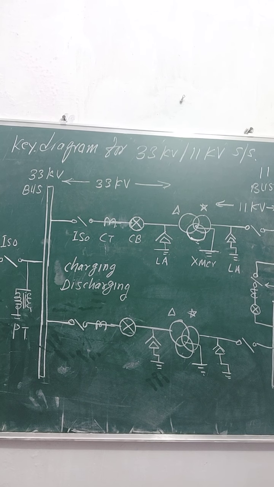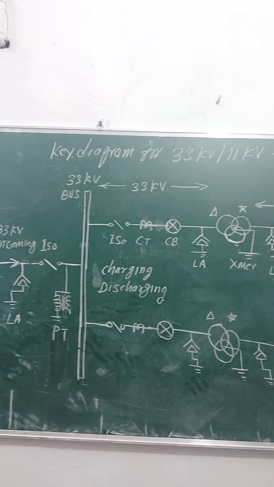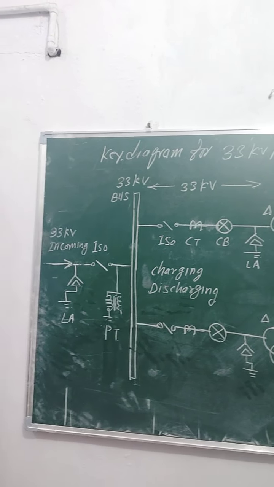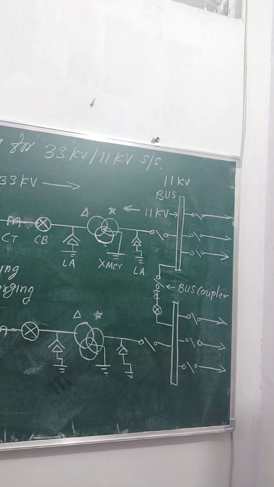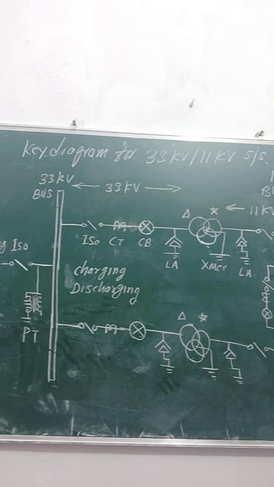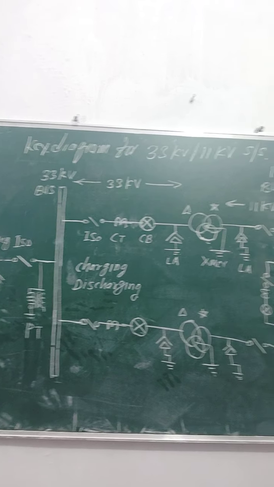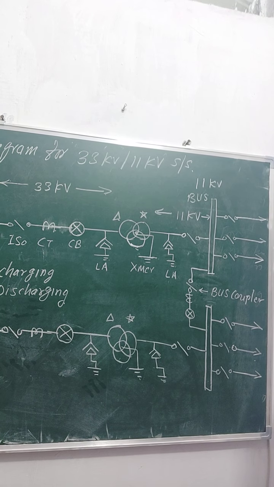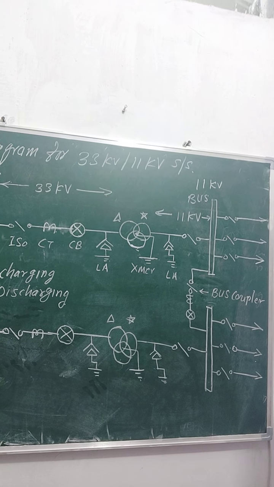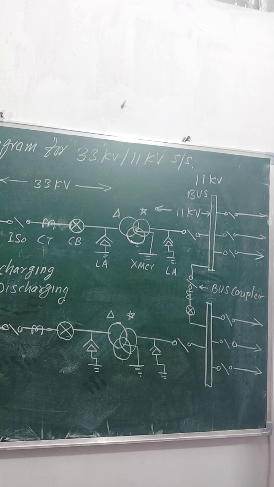And we have to use the discharge rod for each phase. This is a single line diagram, so three phases are not shown here. By single line diagram we will have a discharge rod for each phase, which is like this.